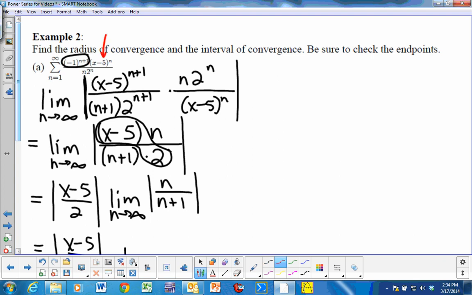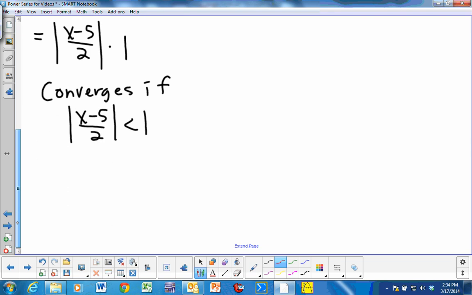This one is centered at 5. So we're trying to figure out how much do we go around 5 to get convergence, because we know it converges at 5 because all of them converge at their center. What we're interested in is where does it converge around 5. So we're going to leave the x minus 5, but I need to get rid of the 2. So I'm going to multiply both sides by 2, and I get this inequality.